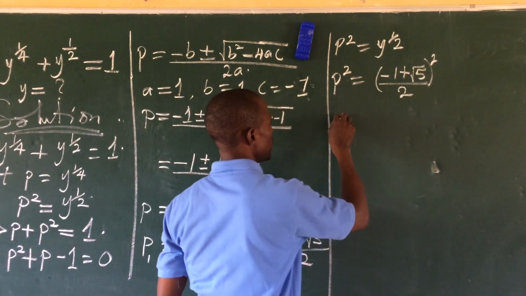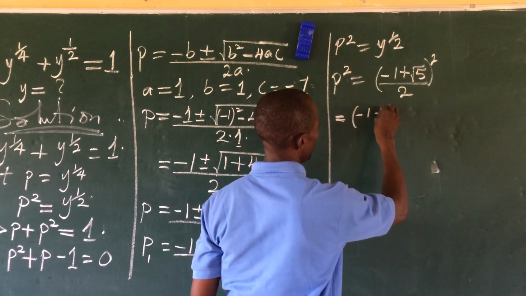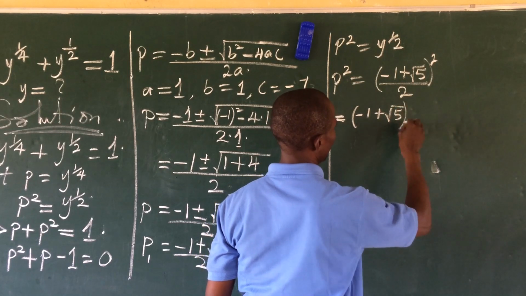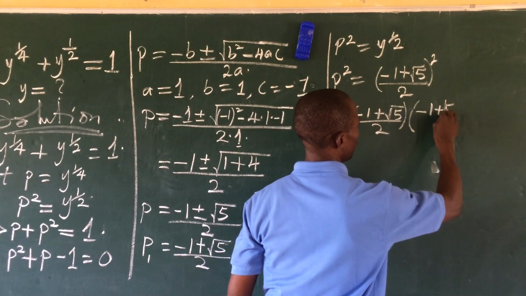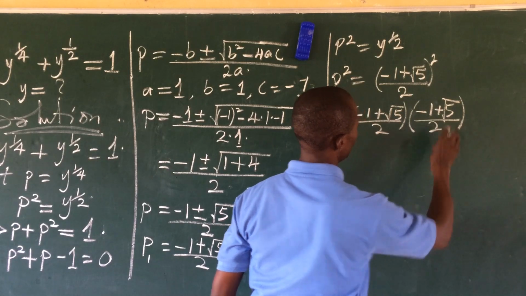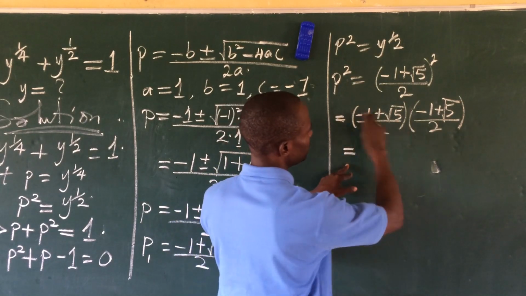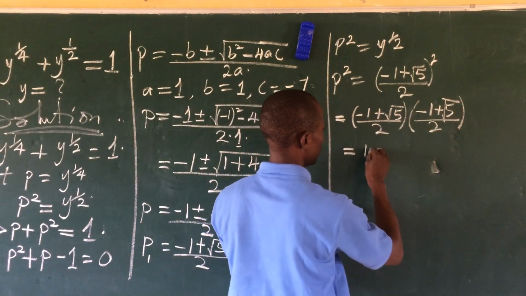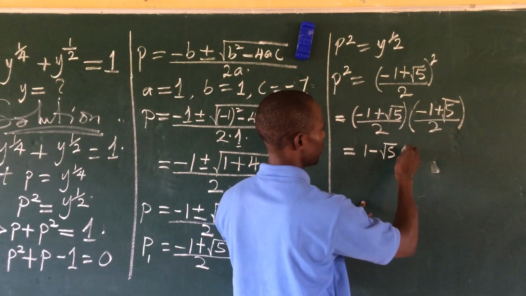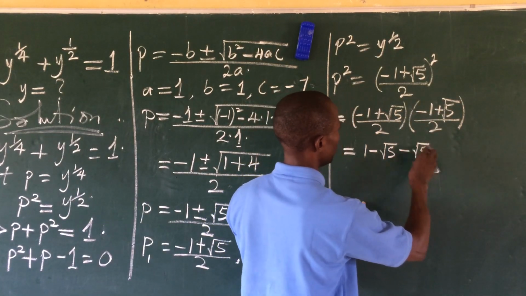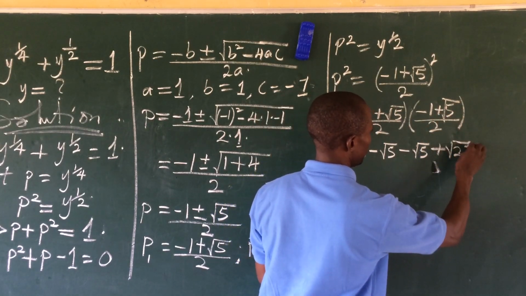If we expand this, we get (-1 + √5)(-1 + √5) all over 2 times 2. We use everything here to multiply. So plus 1; then -1 times +√5 gives us -√5; then +√5 times -1 gives us -√5; then +√5 times +√5 gives us +√25.